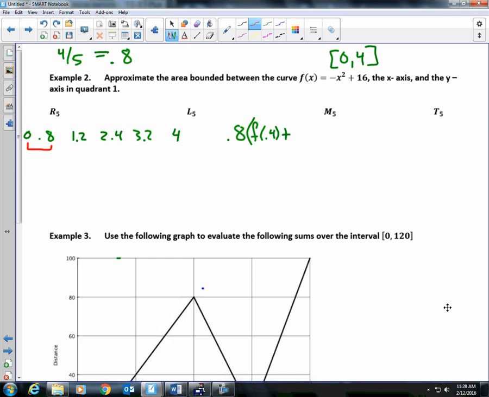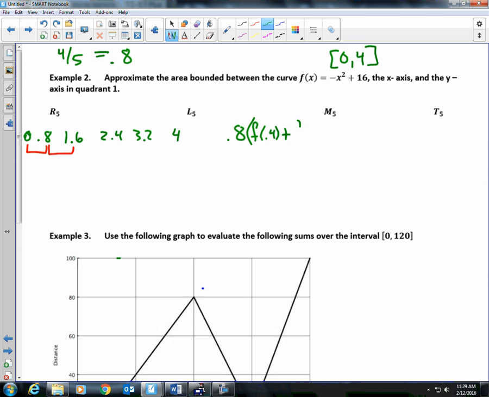Oh wait, I'm sorry. You're absolutely right. I made a mistake. I just wrote them down: 0.8 and 1.6. Okay, sorry about that. So 1.2 is absolutely correct. The average between 0.8 and 1.6, we would add them, get 2.4 divided by 2 to get 1.2.